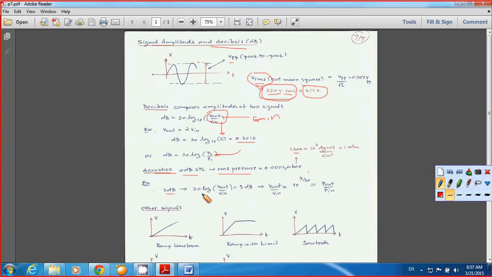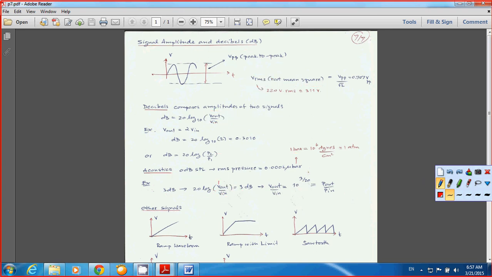When you're talking about 3 dB, you want to find V out over V in, or the gain. How many times is V out of V in? So you make it equal to 3 dB, and your V out over V in has to be, dividing 3 by 20, 10 to the 3 over 20.